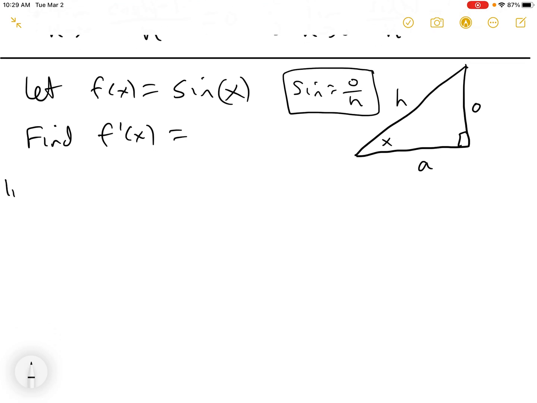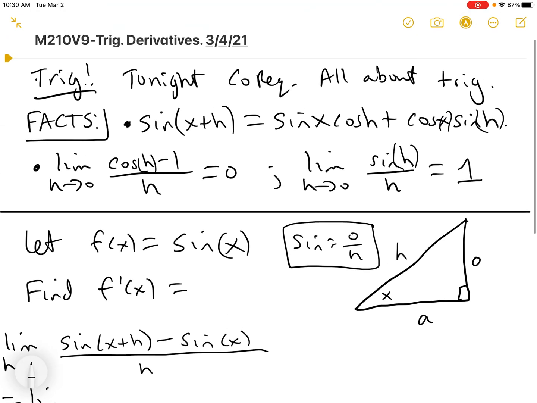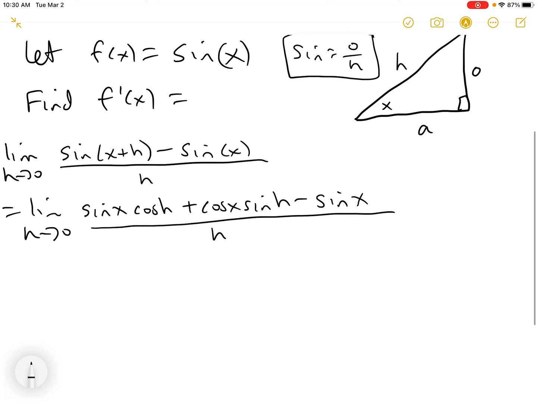Okay. So this is the limit as h approaches 0 of sine of x plus h minus sine of x over h. And now this is the limit as h approaches 0, and sine of x plus h is up here, right? I use this trig identity. So it's sine x cosine h plus cosine x sine h minus sine x all over h.